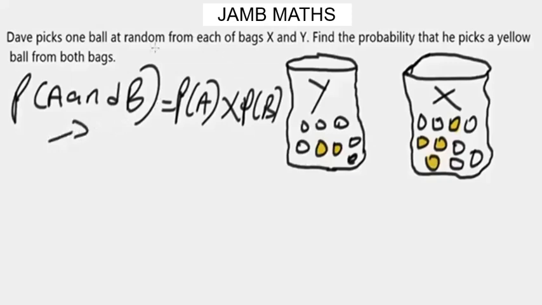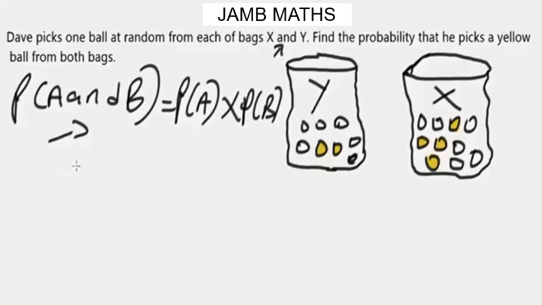So with the question we have above, the question says again, Dave picks one ball at random from each of bags X and Y. Find the probability that he picks a yellow ball from both bags. We are dealing with the and rule here, and the events are independent. We start by finding the probabilities of the different events.